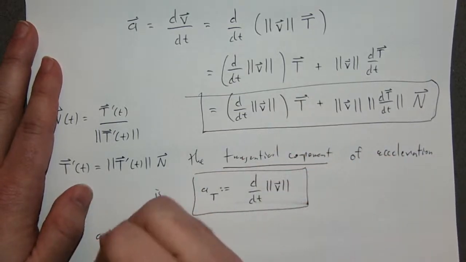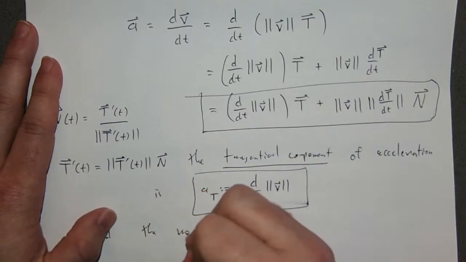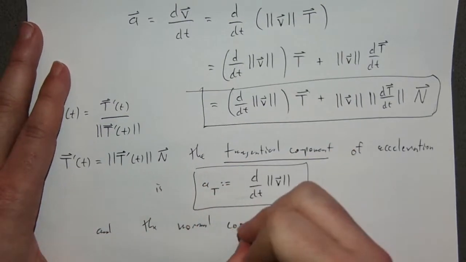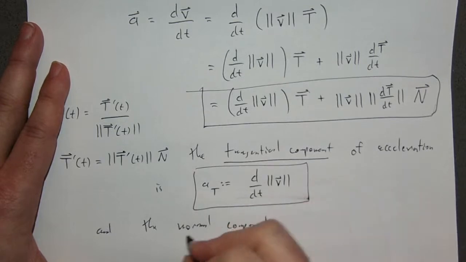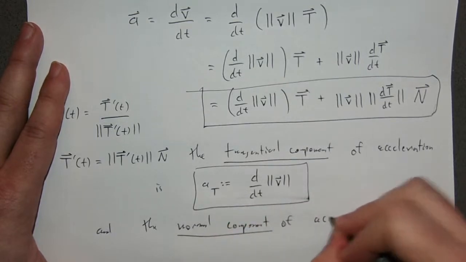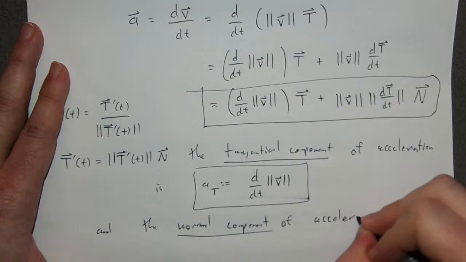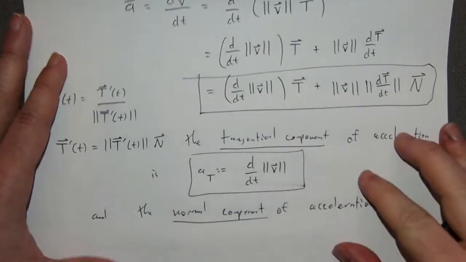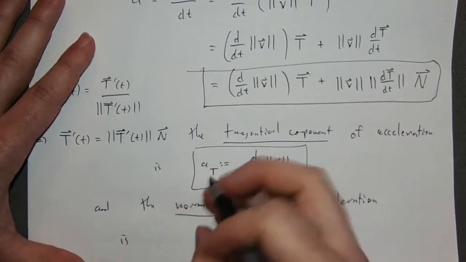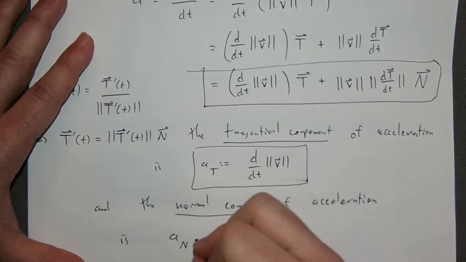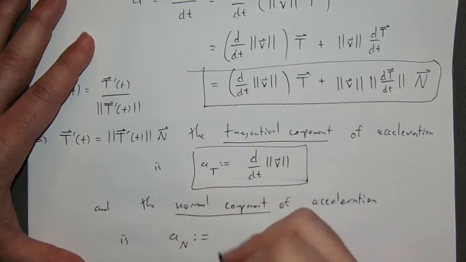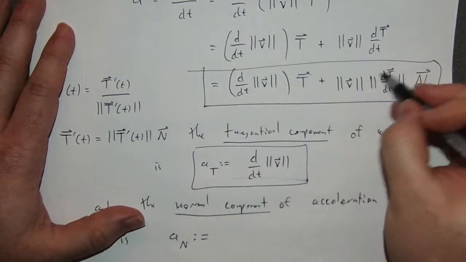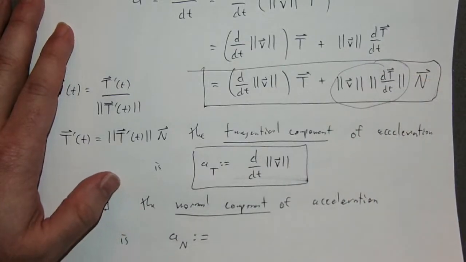And the normal component of acceleration is what we'll call a sub N, and this is defined to be this quantity.